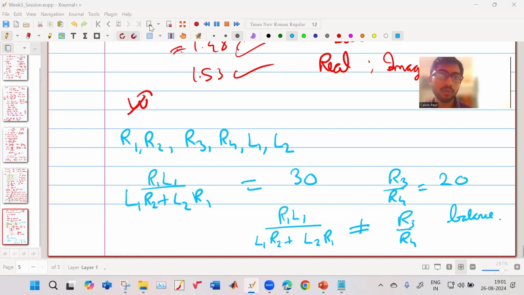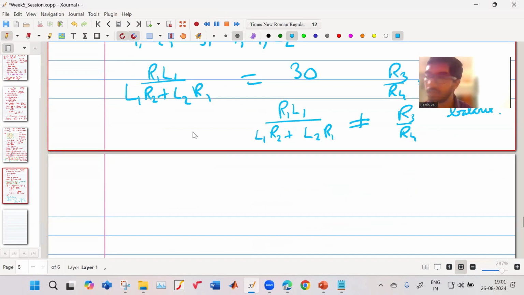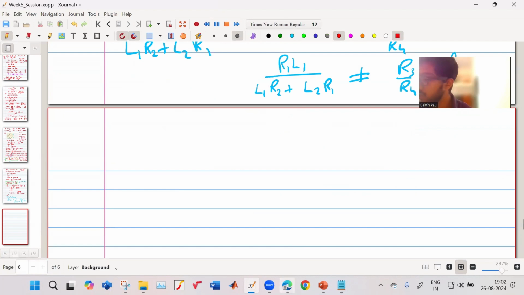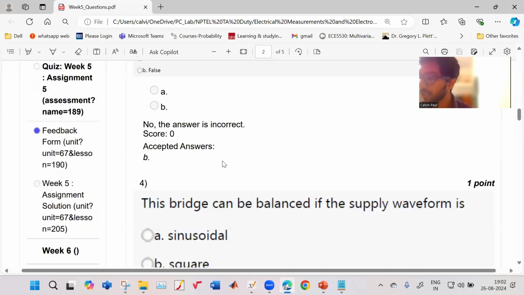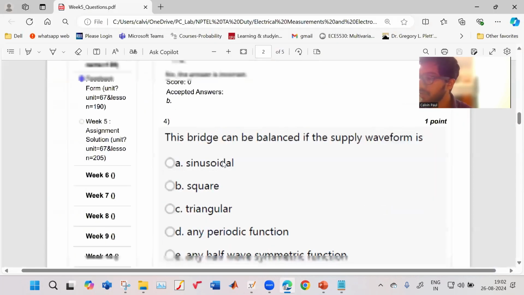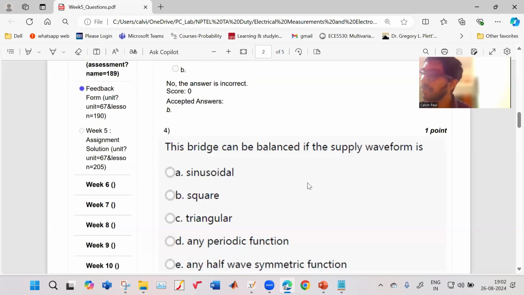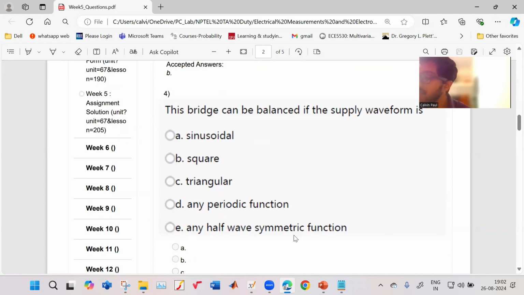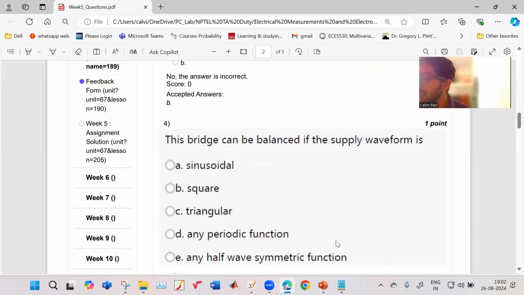Now, what we'll do, we'll go to the next question. So they are asking, this bridge can be balanced if the supply waveform is A sinusoidal, B square, C triangular, D any periodic function, E any half wave symmetric function. Okay.